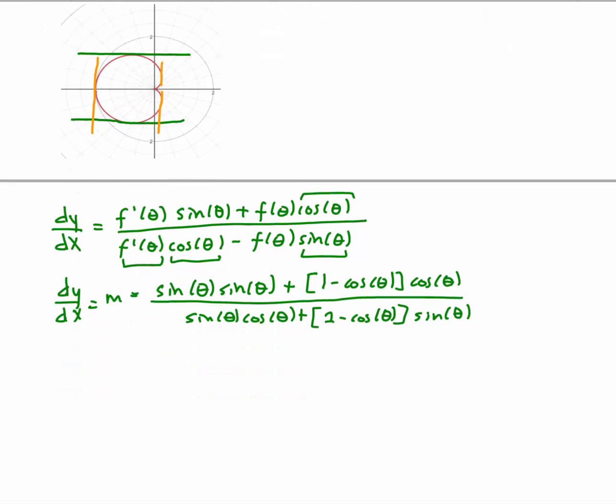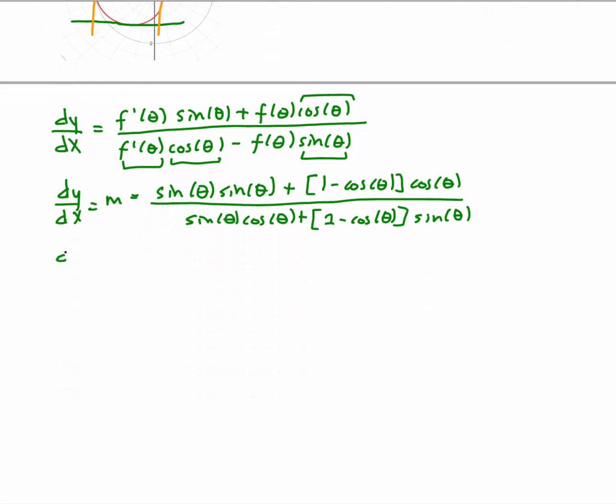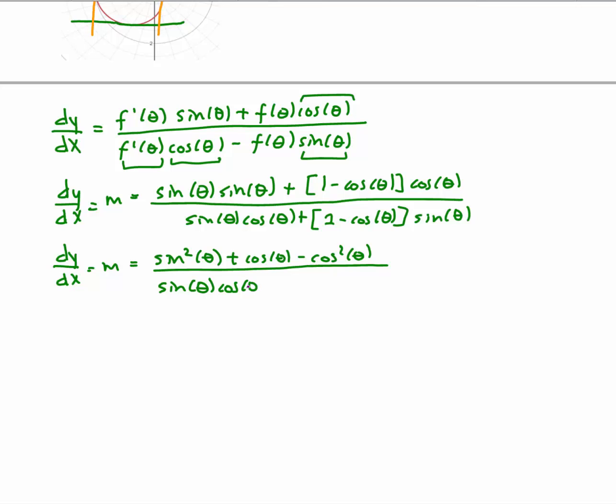Now we could leave this as is, but this would be really difficult to work with. So I'm going to go ahead and keep simplifying. So it looks to me I have sine squared theta plus cosine theta minus cosine squared theta. In my denominator, I have sine theta cosine theta plus sine theta minus sine theta cosine theta.